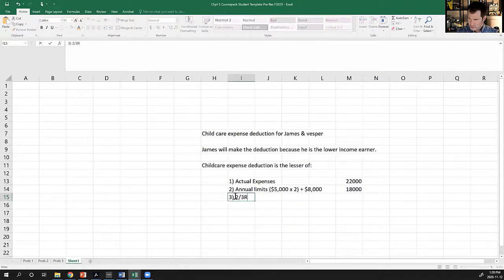And then we have three, which is 2/3 times earned income, which is going to be 0.6667 times, what was the earned income for Jimmy James there? Jimmy James was 82 grand. Okay.